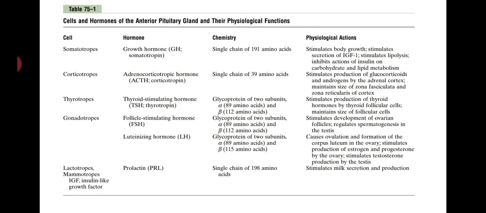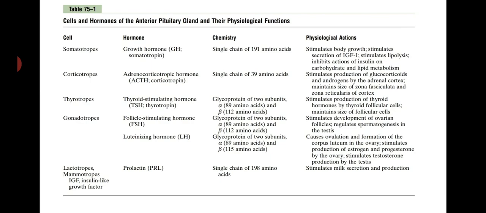Now let's see the 6 important peptide hormones produced by anterior pituitary gland one by one. First, the growth hormone. It is the most important of all the hormones produced by the pituitary gland. It is produced by somatotropes.